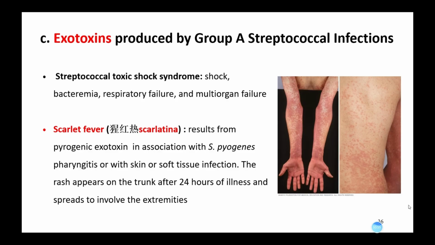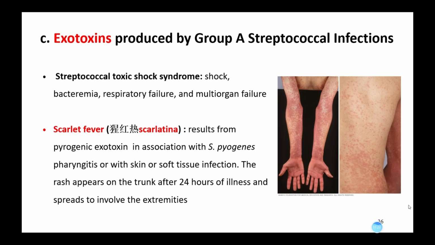Scarlet. What's the meaning of scarlet? The red color, right? The special red color. It's this color. This results from the pathogenic exotoxin produced by the bacteria. In the patient, this red color first appears on the trunk of the body.